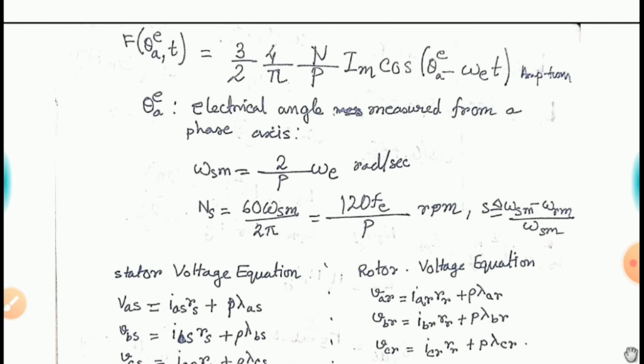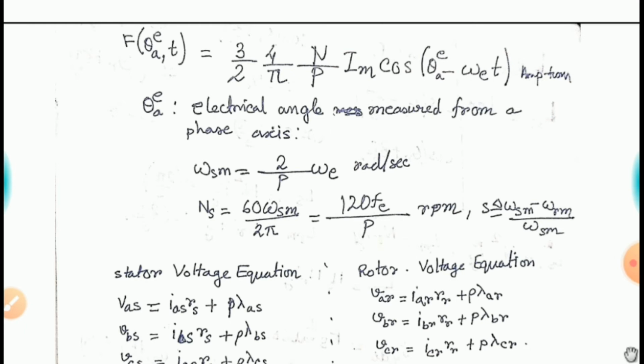And if the spatial distribution of your winding is even in nature, then your winding is bound to produce a rotating magnetic field.